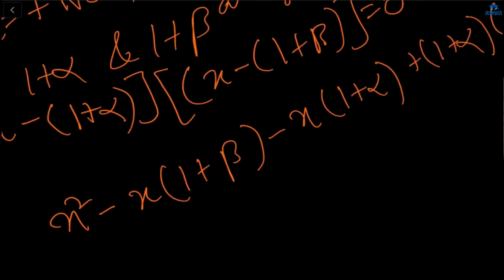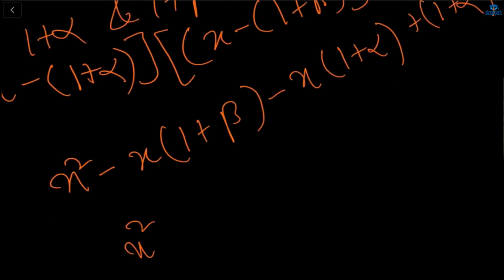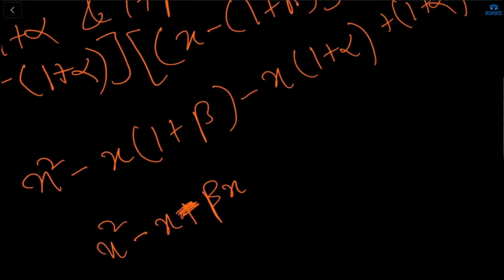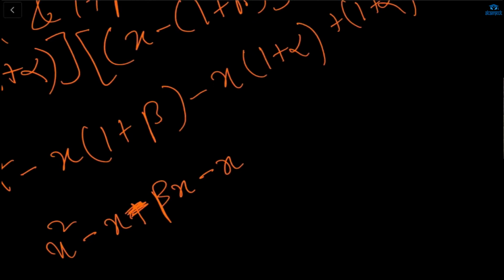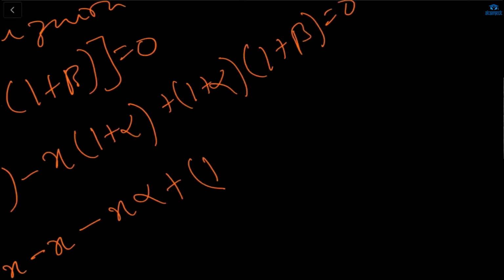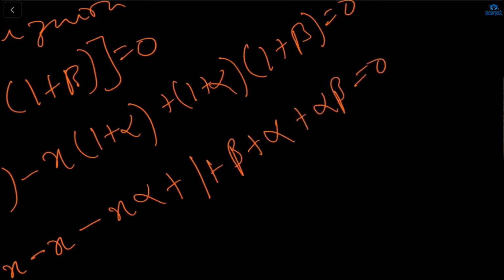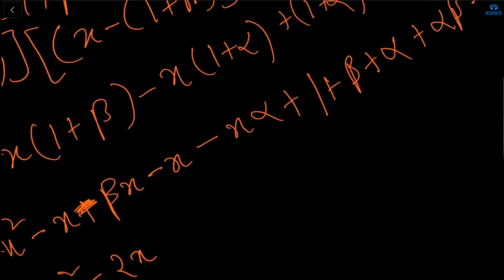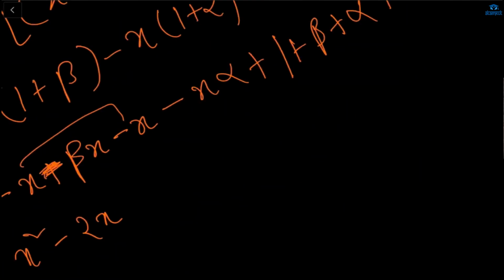So it will be x square minus x plus beta x minus x minus alpha x plus 1 plus beta plus alpha beta is equal to 0. Wait, I'm doing something wrong.